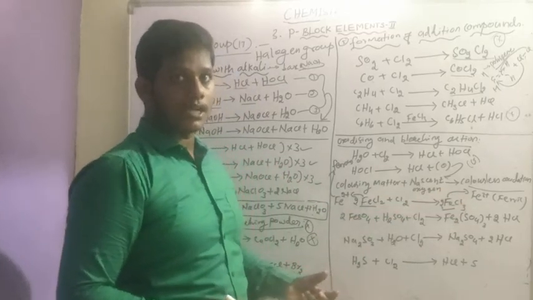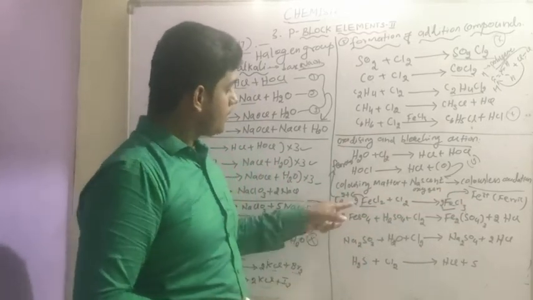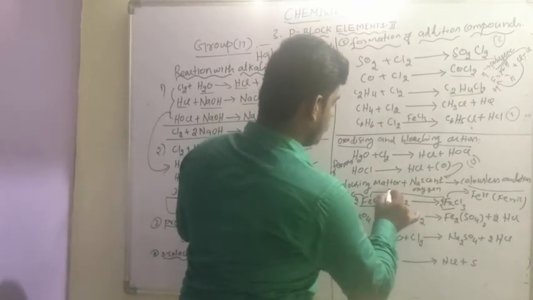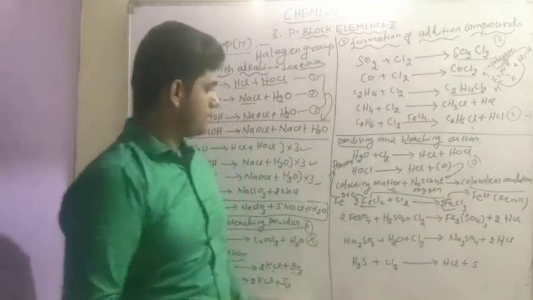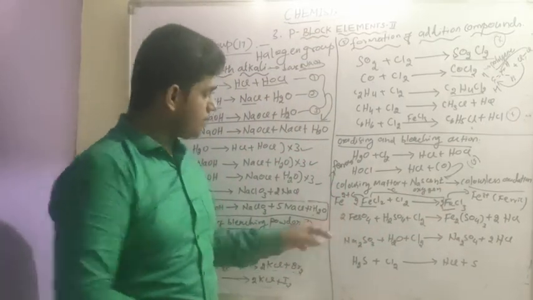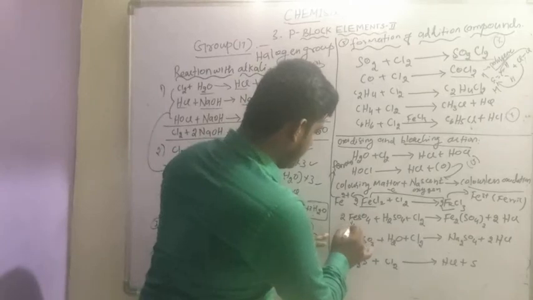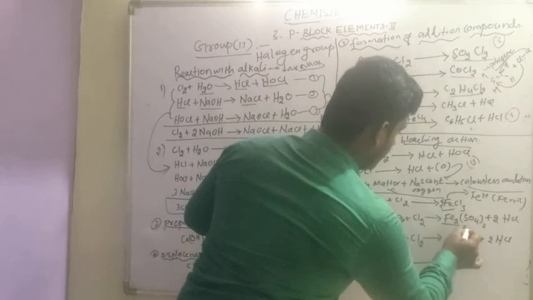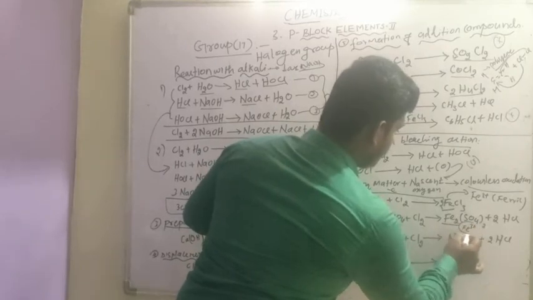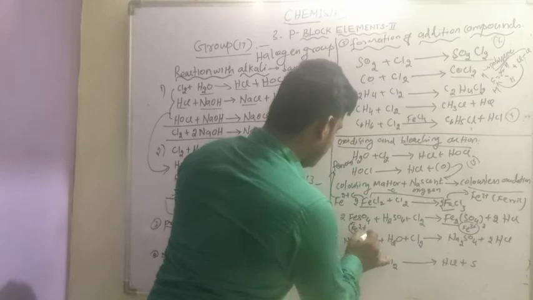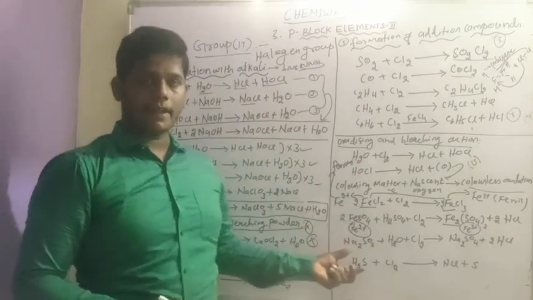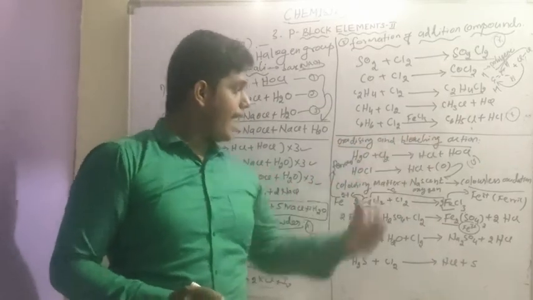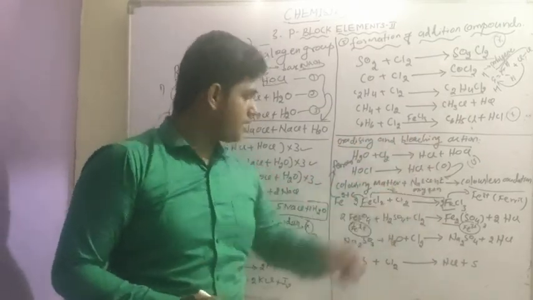This is oxidizing behavior, that means loss of electron. Here Fe2+ loses one electron to form Fe3+. Likewise ferrous sulfate, Fe2+, is converted to ferric sulfate. It is oxidizing, the bleaching action using this oxygen.